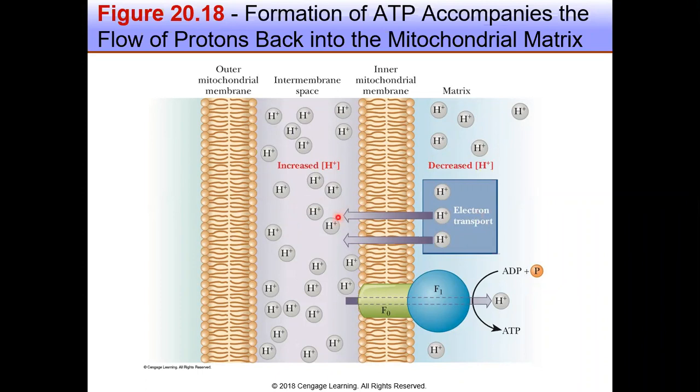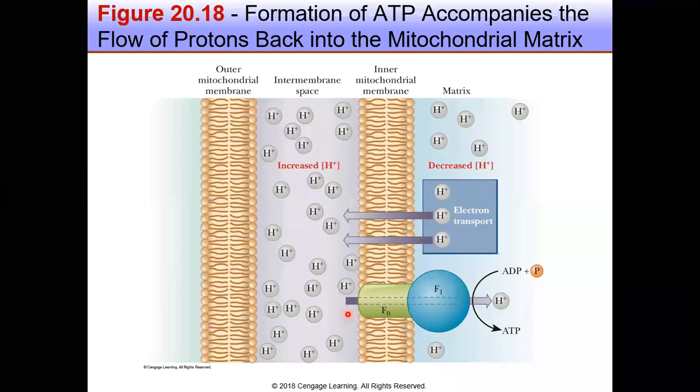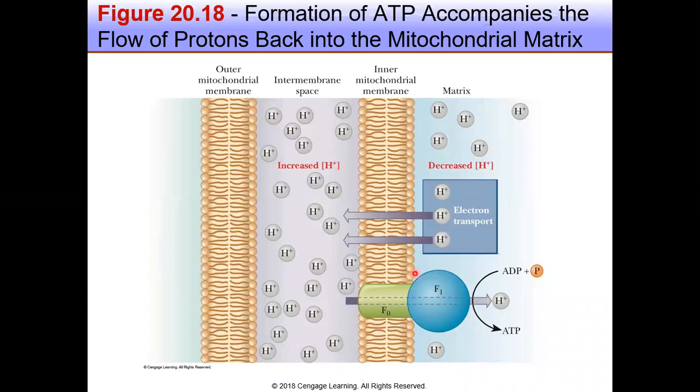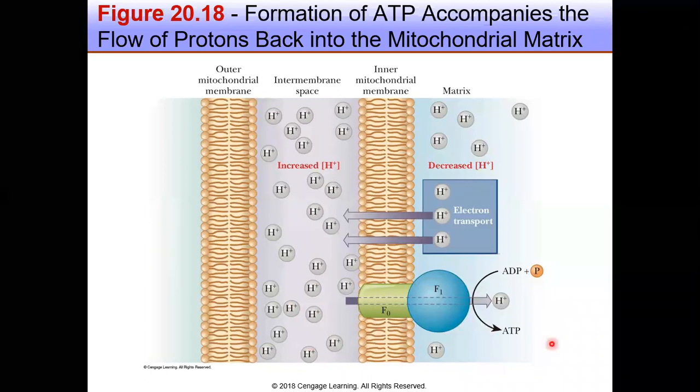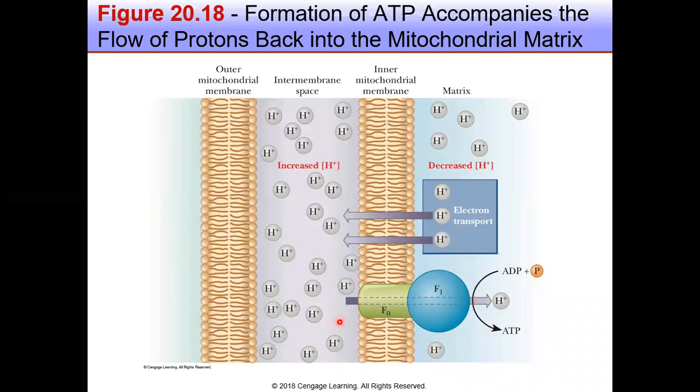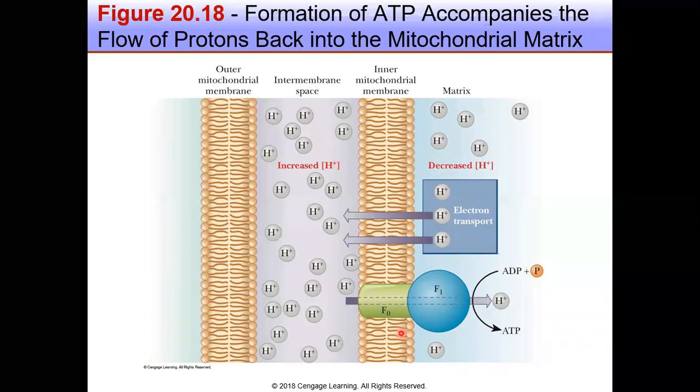So this is called a proton gradient, here higher, here lower, you see? Now later on, these protons must flow back to the matrix, through what? Only through the ATP synthase. They cannot go back except through this ATP synthase. This is the linker. That's why we said this is a coupling. It couples oxidation and phosphorylation.